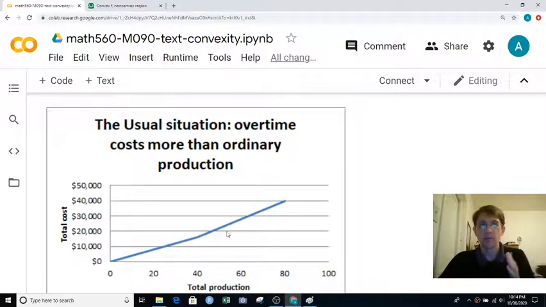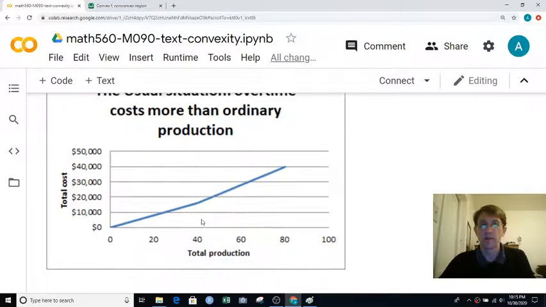The more you produce, the steeper the slope gets once you get to producing overtime over 40 hours a week, or 40 sailboats, whatever it was. And what kind of function is that? Convex or concave? It's convex, and we were minimizing, and we did that in the linear programming homework, and it was fairly straightforward. Where things got complicated is when we said, what if overtime is cheaper than regular time, or if you could call it bulk discounts?